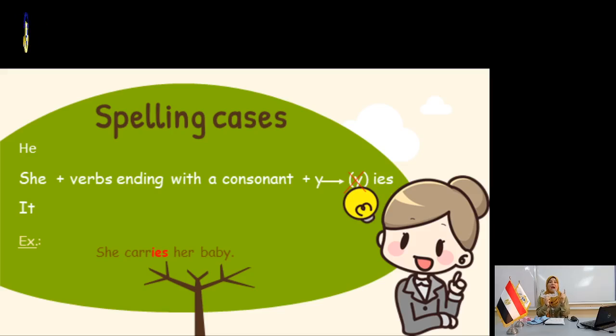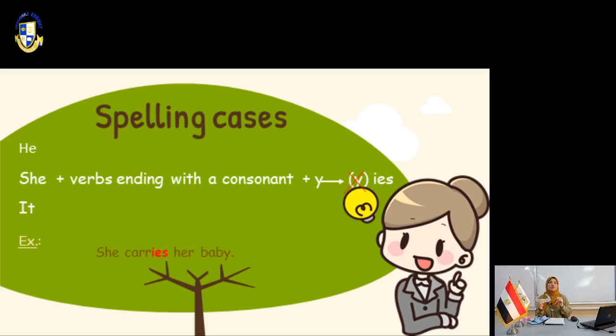Okay? Now, when the verb that comes after he or she or it ends with Y, like play, P-L-A-Y, and the letter before Y is a vowel, A, P-L-A-Y, play, A before Y. A is a vowel and the vowel is strong.